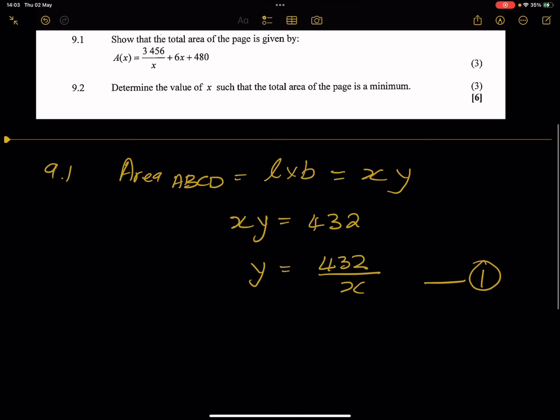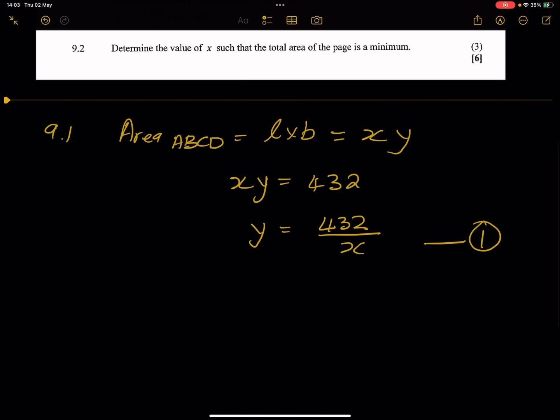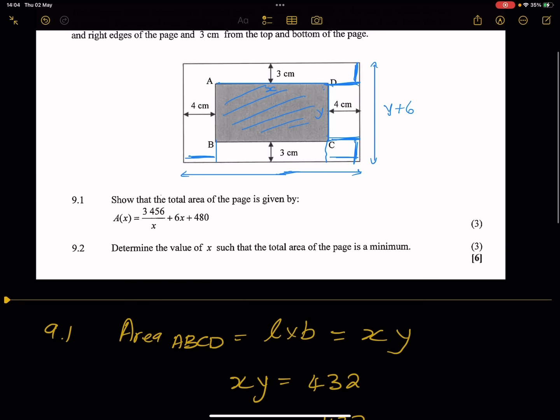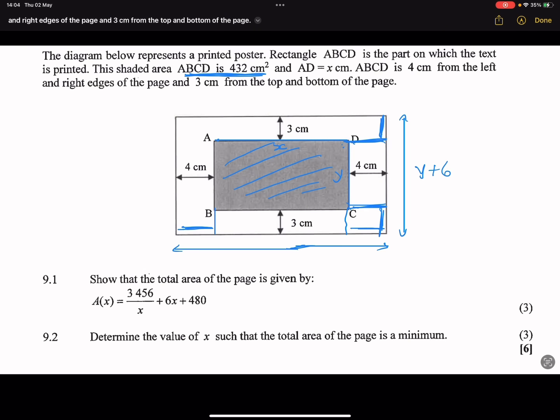Now let's take the entire area now, right? So the total area, okay, let's just take the area first. They want it in terms of x, but it's going to be in terms of x and y for now. So the total area, now you remember I said to you, if I look at the length, that was y plus 6, right? So the length, sorry, the breadth is y plus 6.